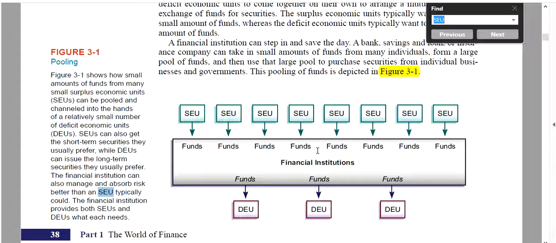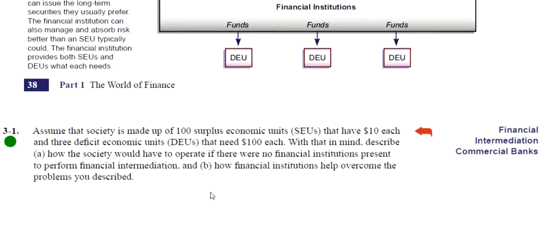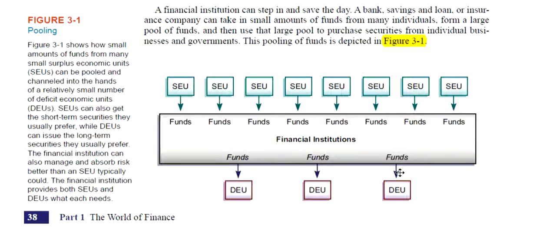I've taken part of this out and put it right here so we can see it. This is a very good graphic in helping us understand how surplus economic units work in tandem with financial institutions to allow deficit economic units to get the funds they need to operate.